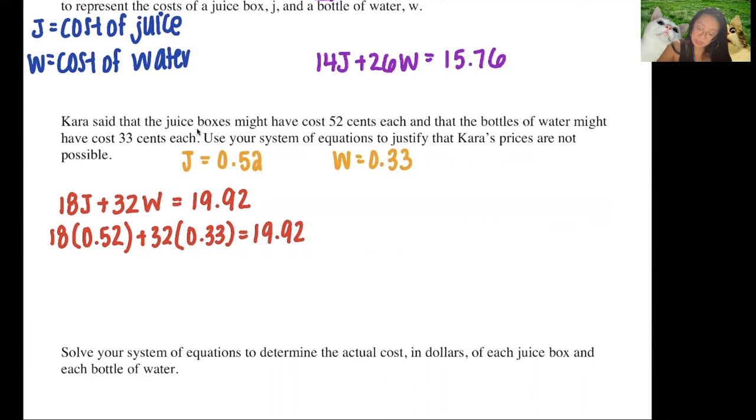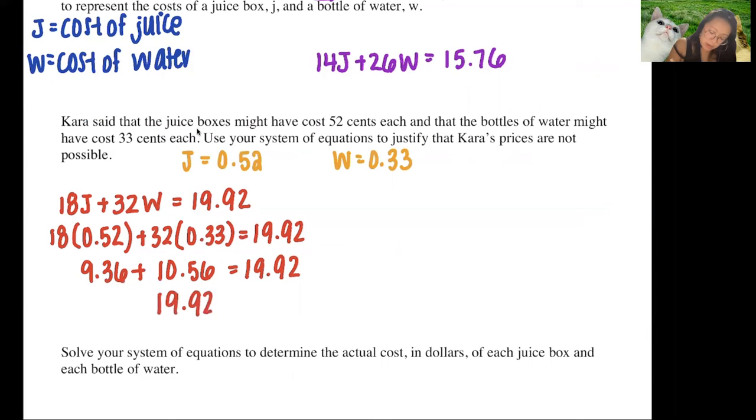So 18 times 0.52 is 9.36, plus 32 times 0.33 is $10.56. Is that equal to $19.92? Let's add them together. 9.36 plus 10.56, I do get 19.92, which is equal to 19.92.